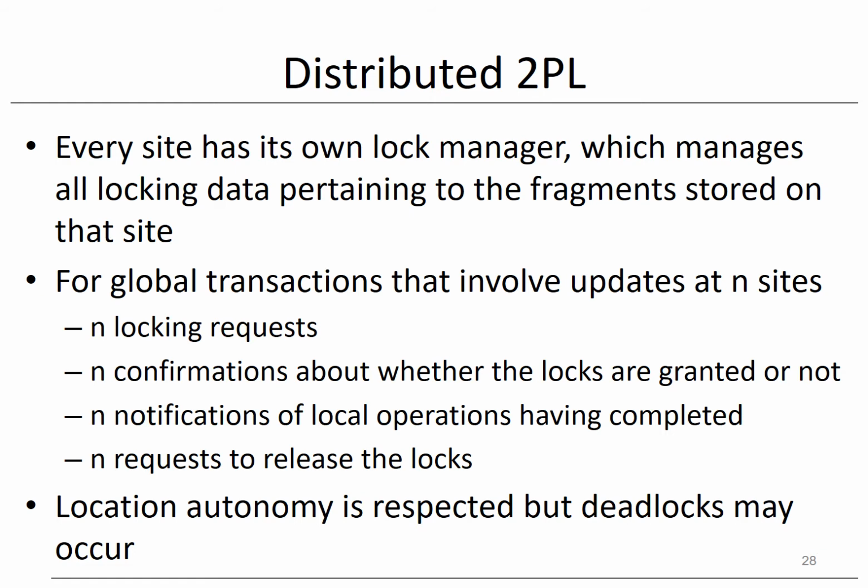In this way, location autonomy is respected, but there is a considerable increase in message exchanges, particularly so if the global transaction involves many participants. Also, global deadlocks and other undesirable circumstances may occur, which require precautions to be included as additional rules to the basic 2PL.